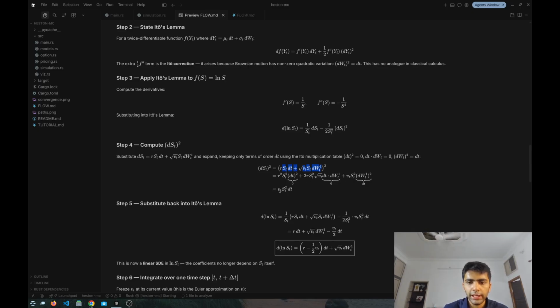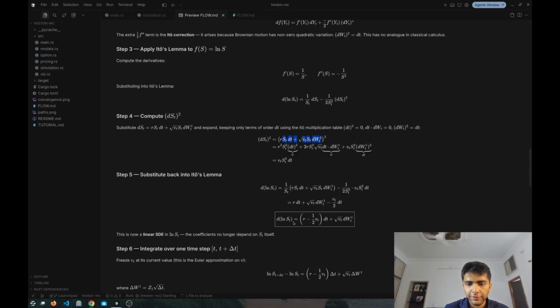We only have this particular term, where we know that in Ito's lemma dW squared is dt. So we have this term left after squaring this. We simply substitute this value in this series, and we have this particular equation. After that, we simplify it, and then we finally have this equation here.